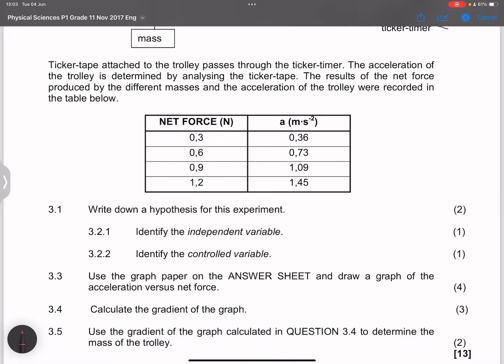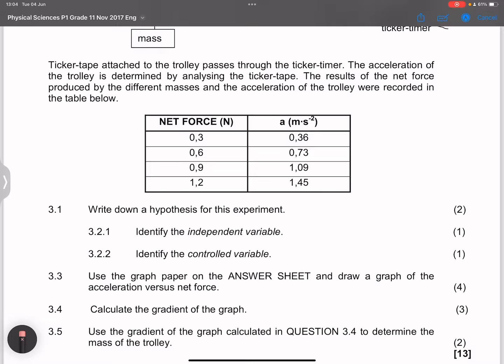Right, so there it is. They give us the data there. Just looking at this data, it seems to suggest that every time we increase the net force, we seem to be increasing the acceleration as well. I hope that you can see that. Now they say to us, write down a hypothesis for this investigation. Now remember, a hypothesis would be a calculated guess of what the results would be.